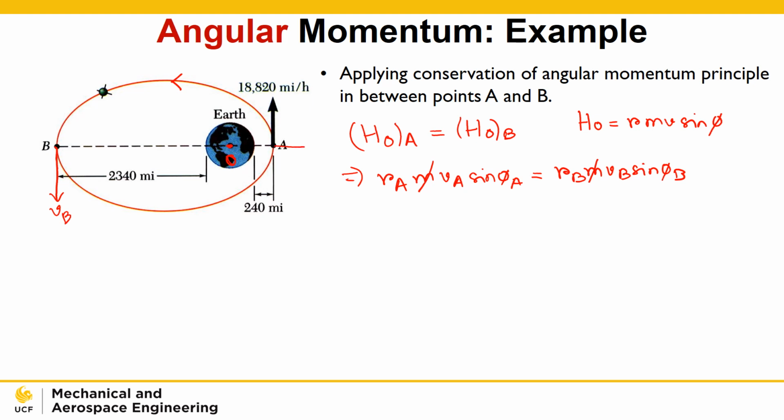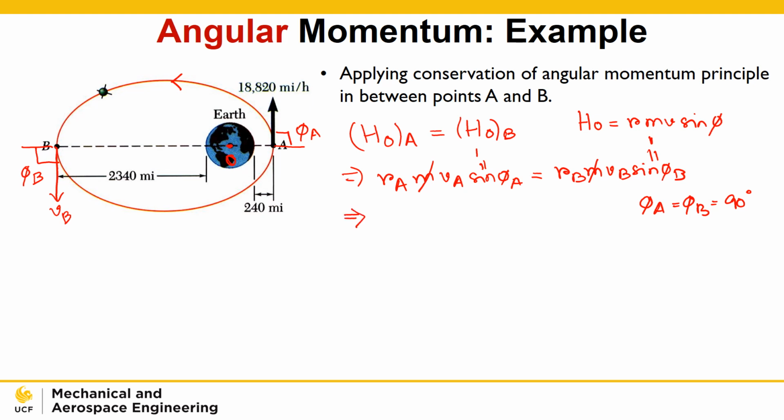Phi_A is this angle, which is the angle between the radial distance and the linear momentum vector, and again phi_B is this angle. So we can see that phi_A is equal to phi_B is equal to 90 degrees. Therefore, sine phi_A and sine phi_B are both equal to 1.